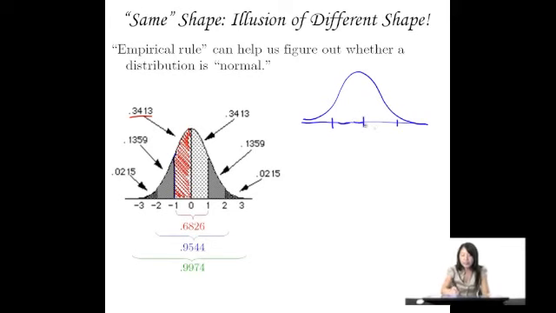All right, so let's say we go 1 standard deviation out from the normal distribution. All right? Does this look like just 34%? Doesn't it look like more than 34%? That means this is not a normal distribution, even though it sort of looks like one superficially.